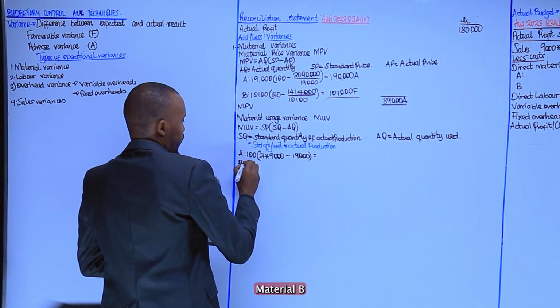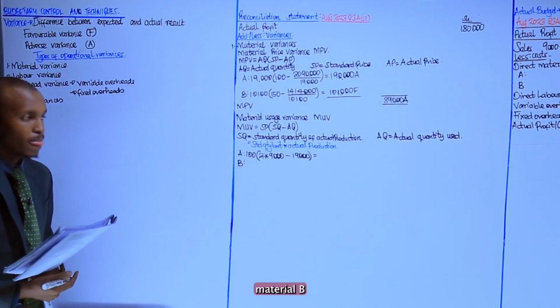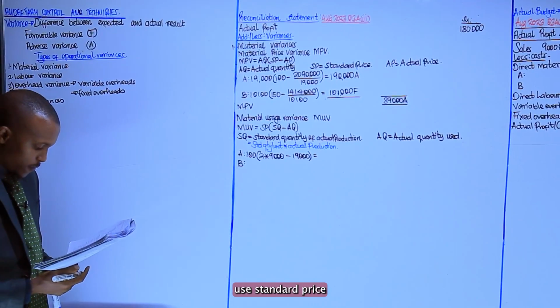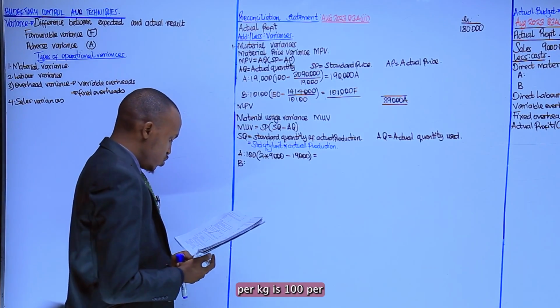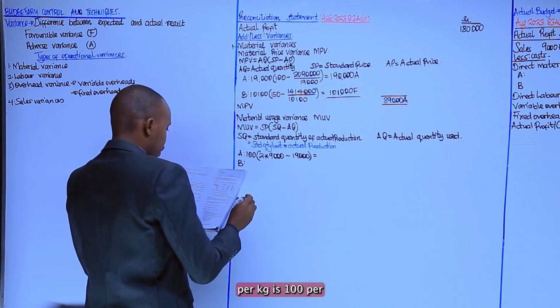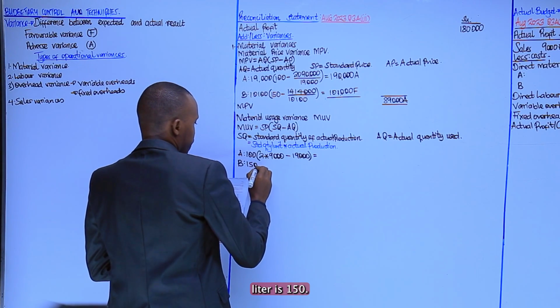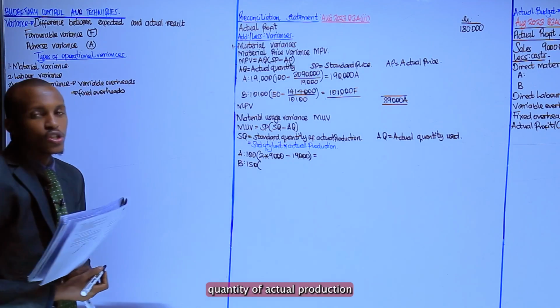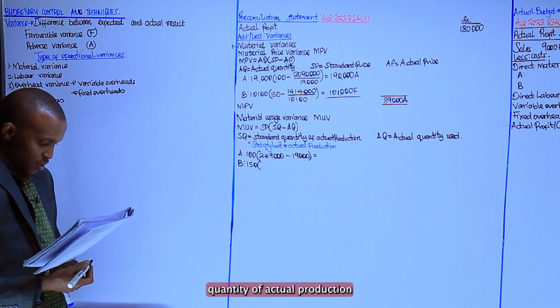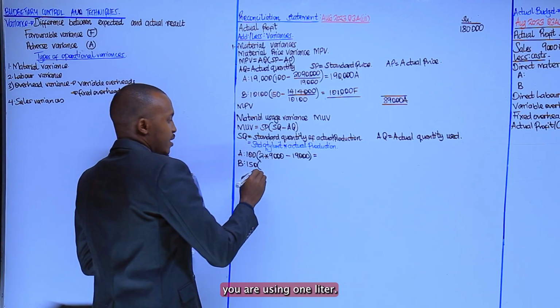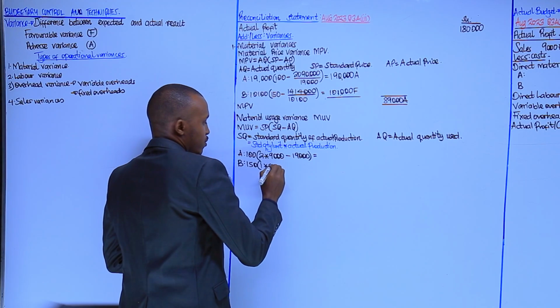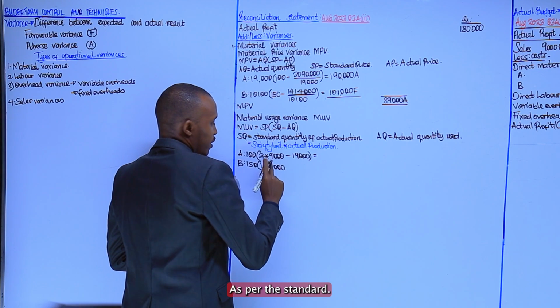Material B. Your standard price per liter is 150. Your standard quantity of actual production, you are using 1 liter as per the standard.